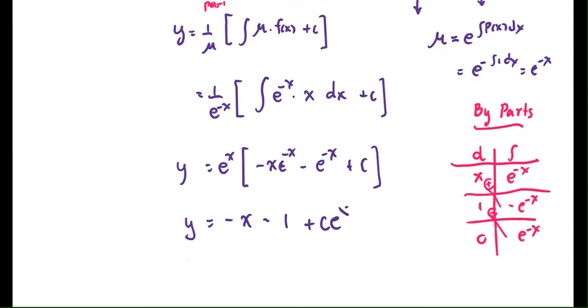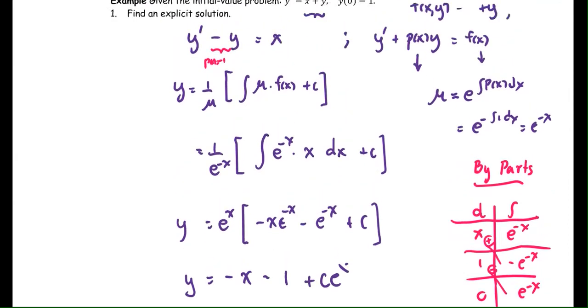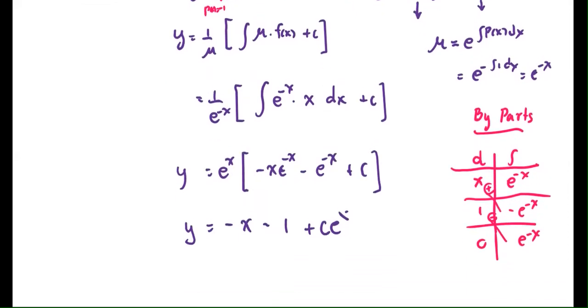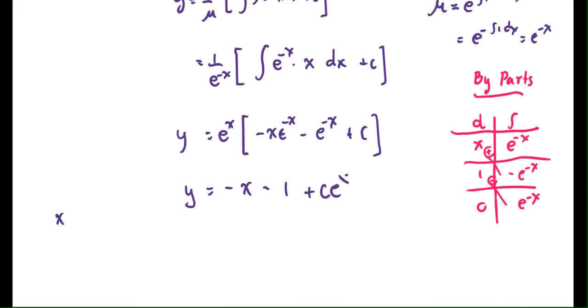And then we just find the constant c using the initial condition. Initial condition is (0, 1), or x equals 0, y equals 1. So 1 equals 0 minus 1 plus c times e to the 0, which is c. Then we get the c value equals 2.